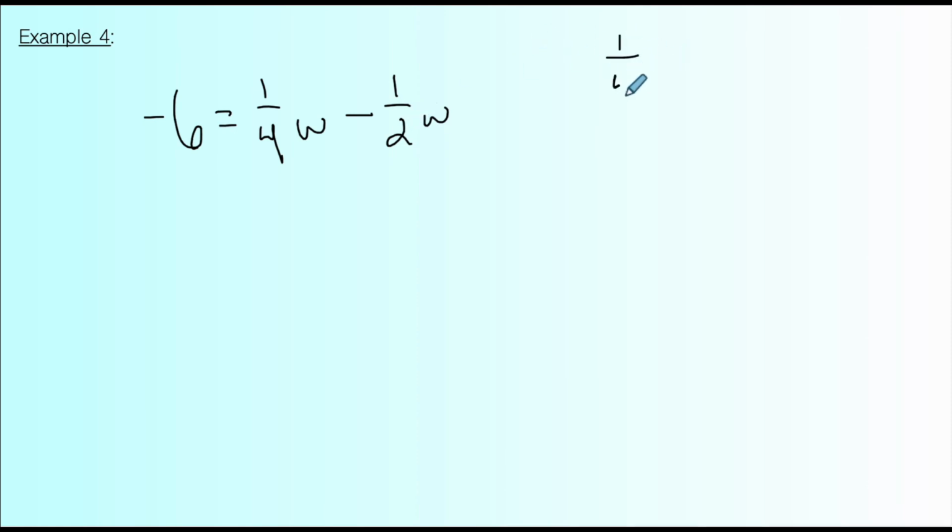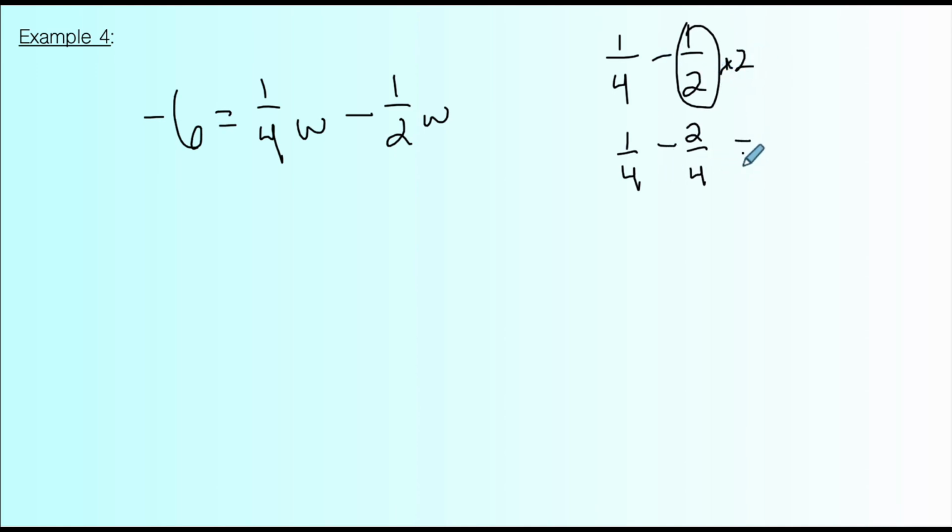So 1/4 minus 1/2. To do that, I need to have common denominators. So I'm going to keep 1/4 the same, but I'm going to make the second fraction 2/4 by multiplying this whole thing times 2.